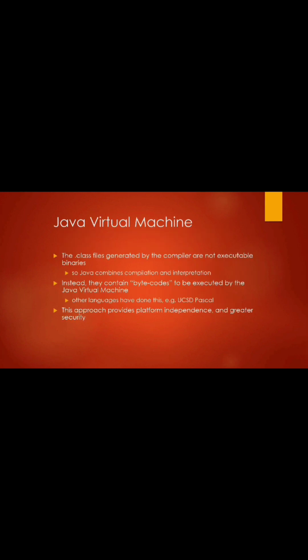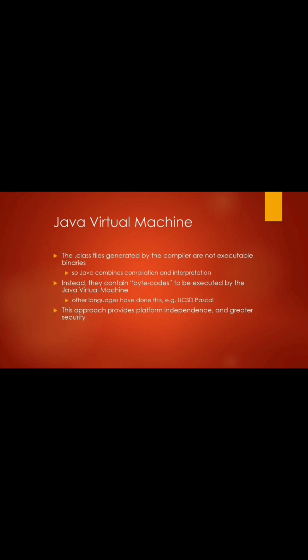The next is the Java virtual machine. The .class files generated by the compiler are not executable binaries, so Java combines compilation and interpretation. Instead, they contain byte codes to be executed by the Java virtual machine. Other languages have done this, for example UCSD Pascal.